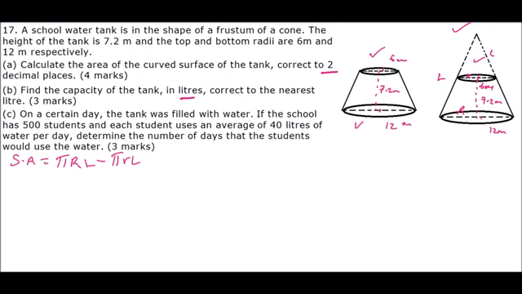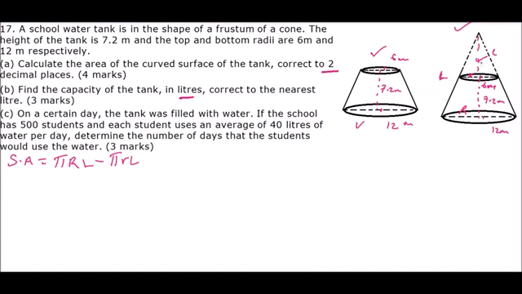But remember, we do not have the length of the slanting side of the big cone and the small cone. So how do we do that? We are going to use the big radius and small radius to calculate the slanting sides. Let the height of the small cone be small h. Using the linear scale factor, the ratio of the radii equals the ratio of the heights, because the small cone and the big cone are similar.